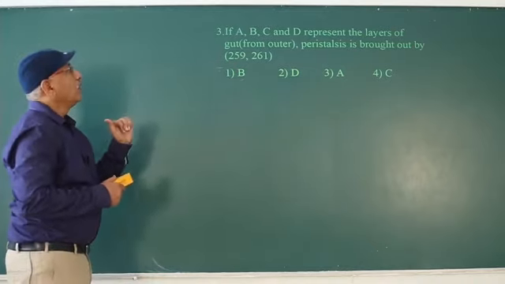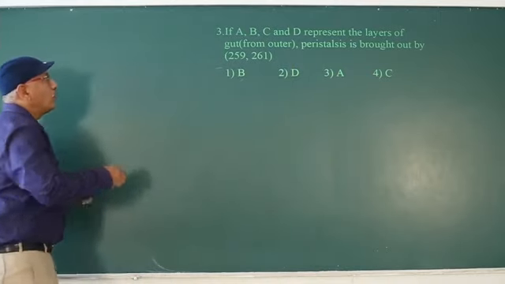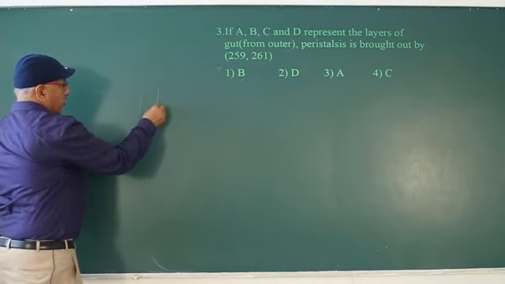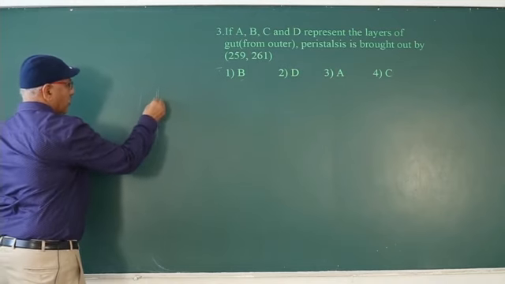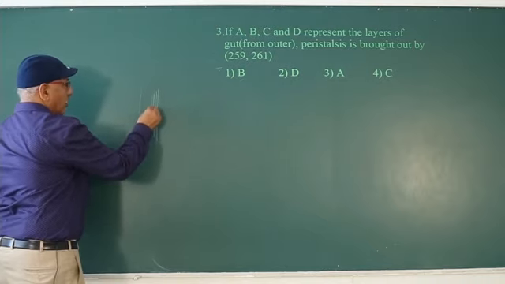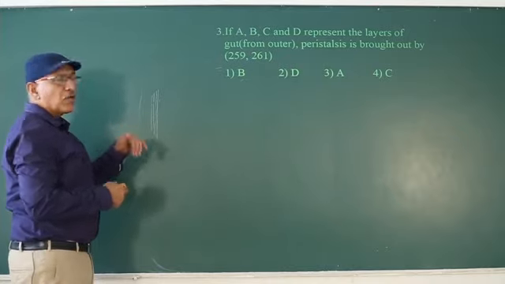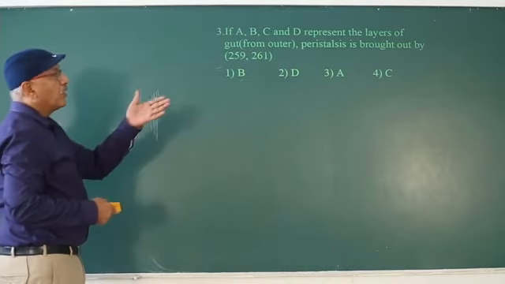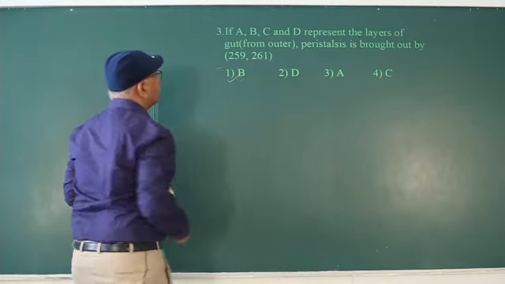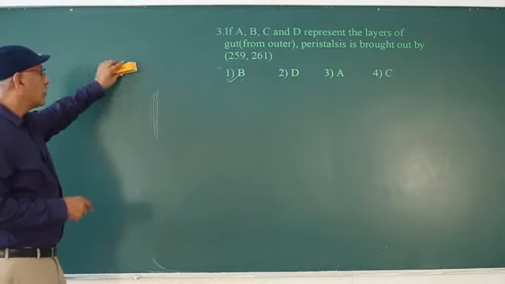A is the outer serosa, then muscularis, so A is serosa, B muscularis, C submucosa, D mucosa. You already know the muscles present in the muscularis are responsible for peristaltic movements. So the answer is B, muscularis.